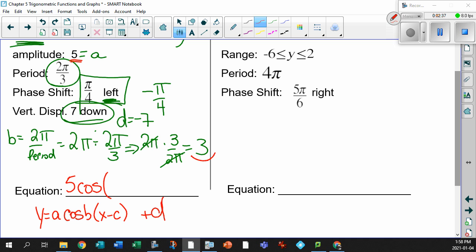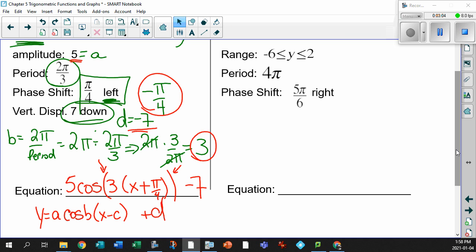Our B value is 3. 3 bracket x minus c value. C is minus pi over 4, so it becomes plus pi over 4. Okay. And then, of course, our D value minus 7. There you go. Done. Do you need the double brackets? Not really, but I like putting it in there because it makes it all look like it's under cosine, like it's supposed to be. Right?